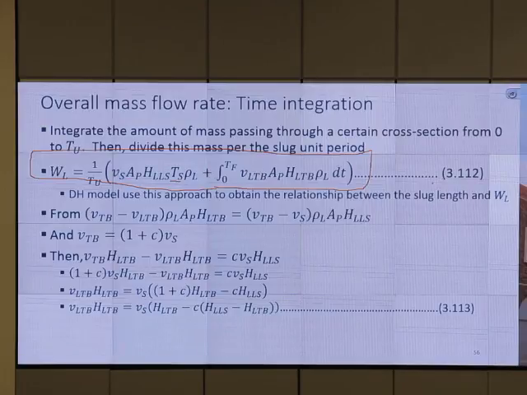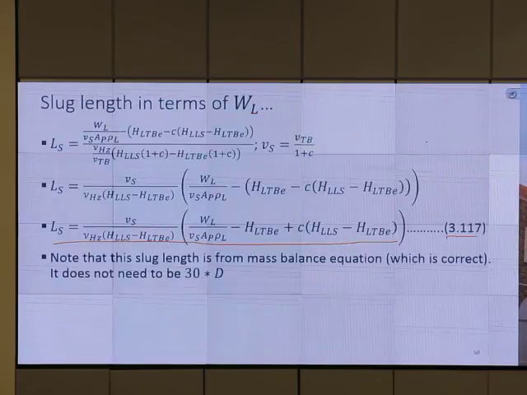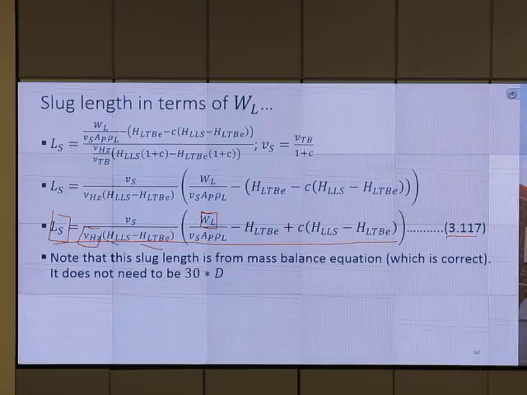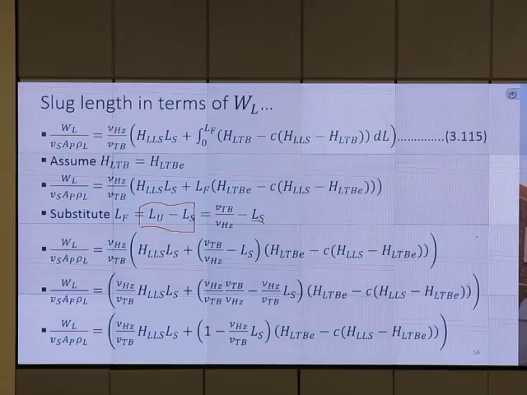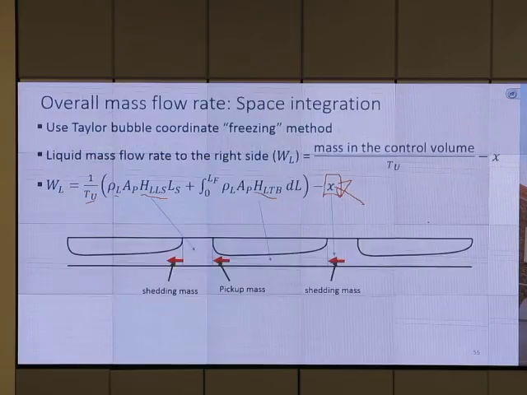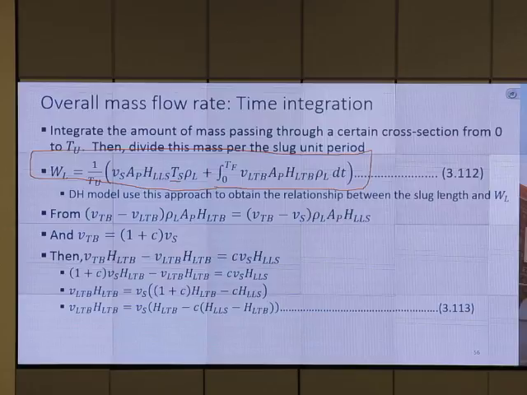So it involves mass flow rate, slug body length, and slug frequency. These two come from calculation, this equation 3.117, and 3.112 is the equation to do the final check, whether when you do the integration you have mass balance or not. You can use 3.112 directly.